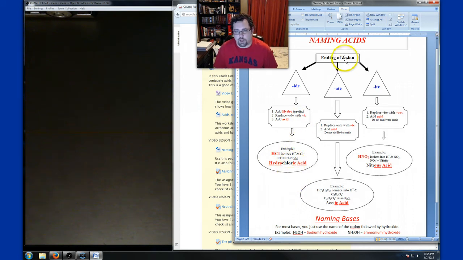If the ending of the anion is "ate", one of the polyatomic ions like sulfate or nitrate, then you replace "ate" with "ic" and add acid. No hydro prefix. An example of that would be HC2H3O2 ionizes into H plus and C2H3O2 minus. That's acetate, and so the "ate" becomes "ic", so it's acetic acid.